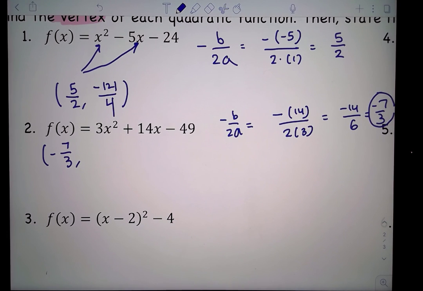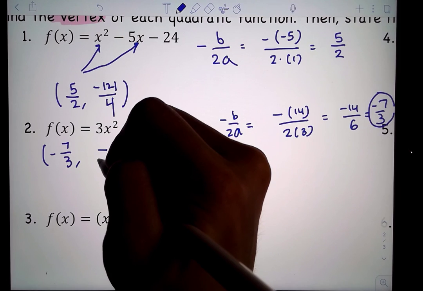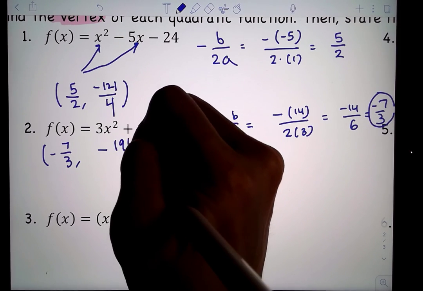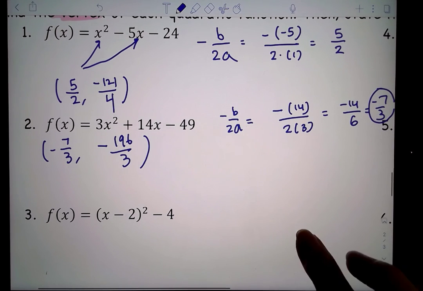So I'm going to use a calculator. So 3 times (negative 7 over 3) squared plus 14 times negative 7 over 3 minus 49. Then you get negative 196 over 3. Okay?